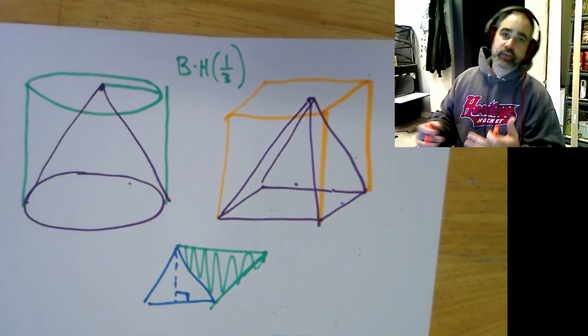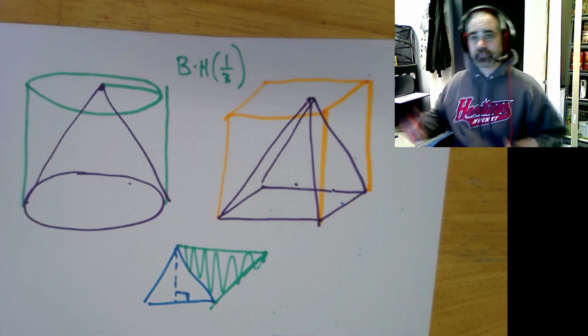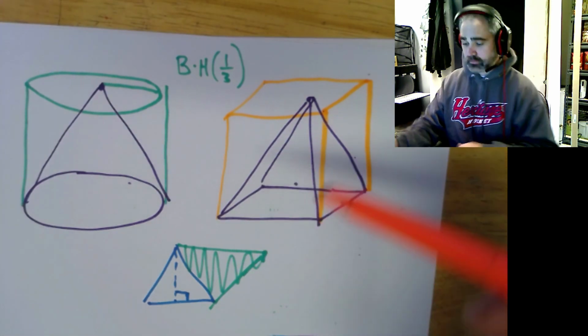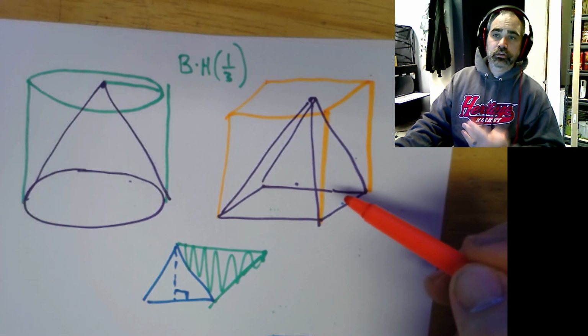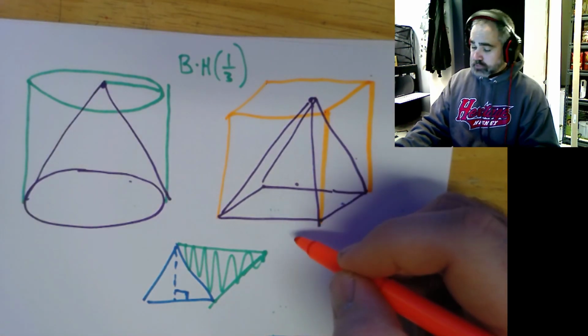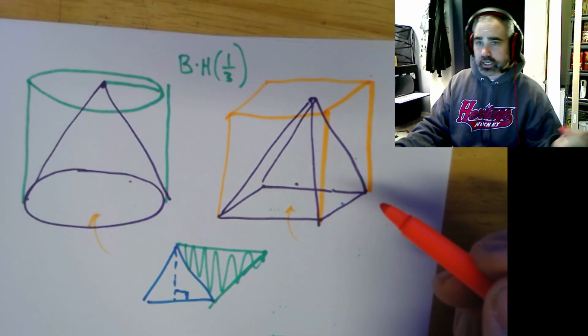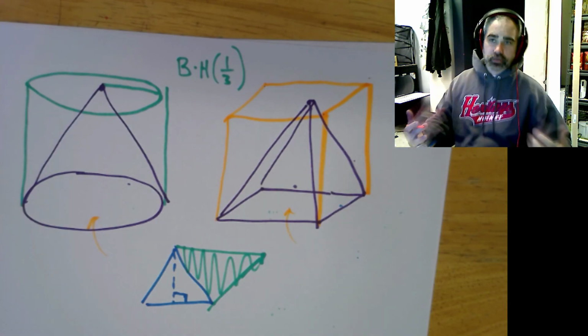So both of them are 1/3 of the total volume of the shape they fit inside. This fits inside a cylinder, and it's 1/3 of that volume. This fits inside a prism, it's 1/3 the prism. It doesn't matter what the base looks like, whether it's a circle, a square, a triangle, an octagon. If it's a pyramid or a cone, it's 1/3 of the volume.